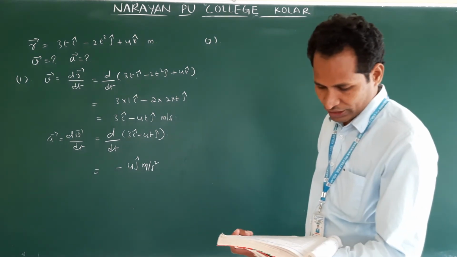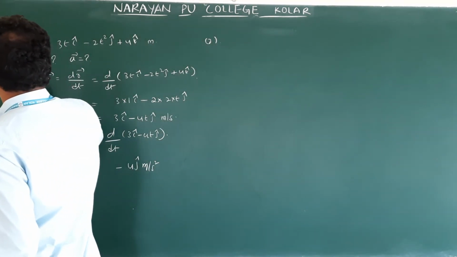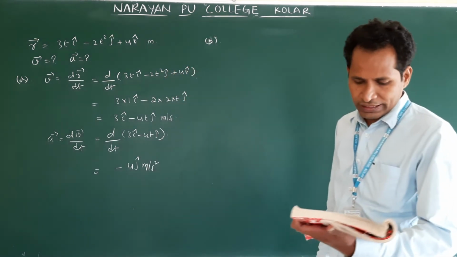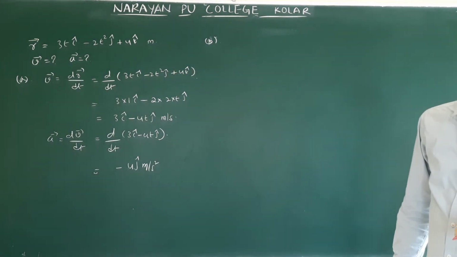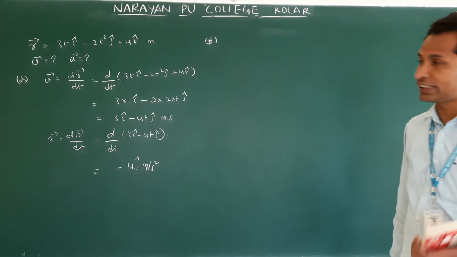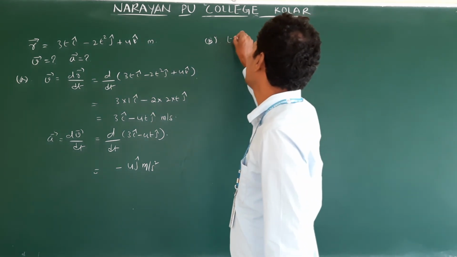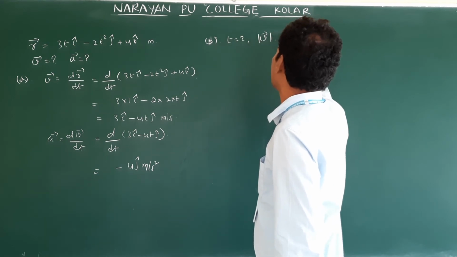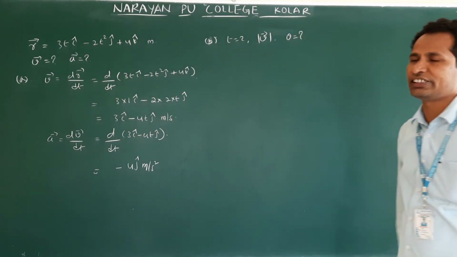Now question 2. They have given A and B; to avoid confusion, take this as A and this as B. Next, what is the magnitude and direction of the velocity of the particle at t is equal to 2? When t is equal to 2, they are asking for the magnitude of velocity and direction. Direction, how do we write? Theta.